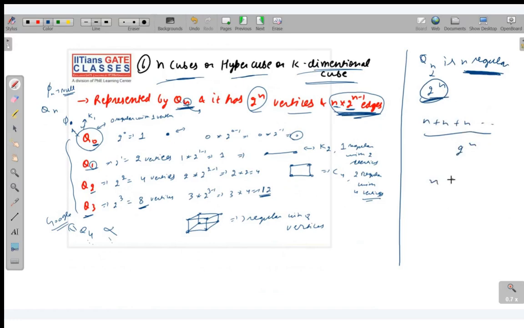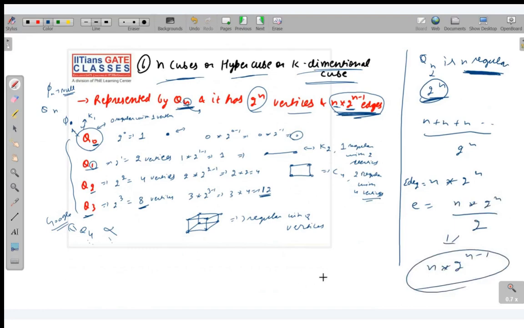So n into 2 power n is sigma degree. Now edges will be how many? Sigma degree by 2. So n into 2 power n by 2. It comes out to be n into 2 power n minus 1 only. Are you getting it?